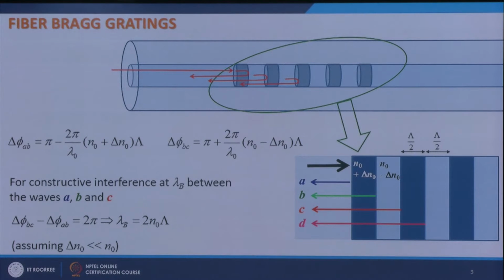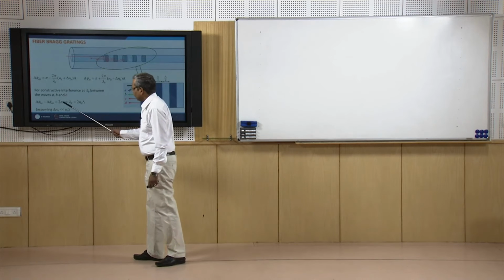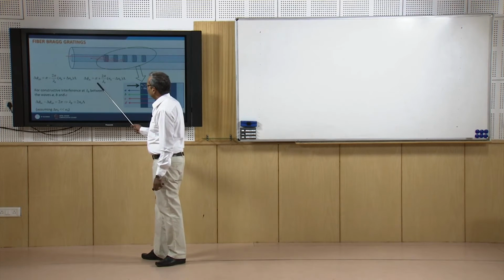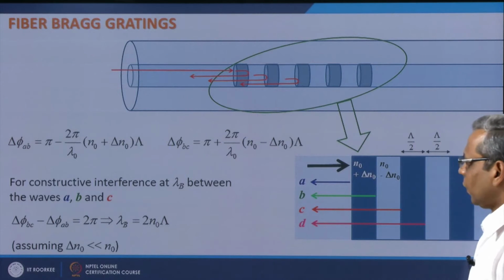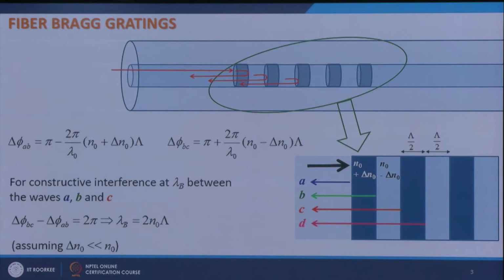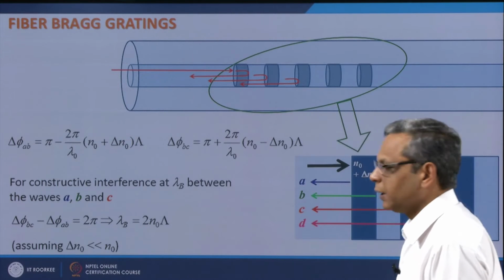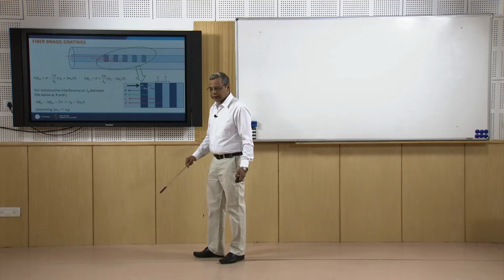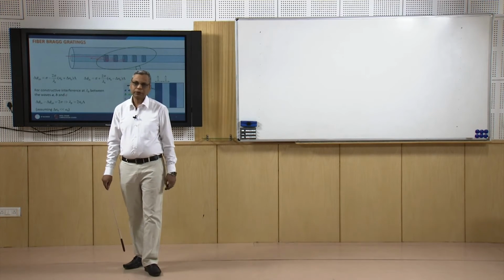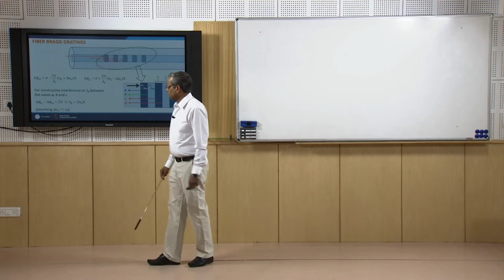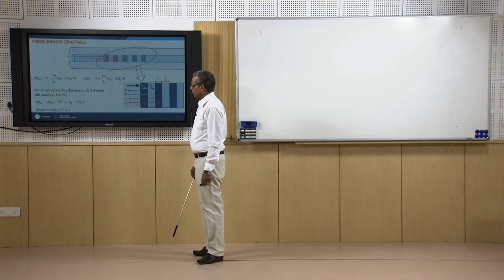For m equal to 1, it should be equal to 2π, and if I put in the expressions from here, the value of λB will come out to be 2 n0 Λ, where I have assumed that Δn0 is much smaller than n0, which is the case because n0 is typically 1.5 and Δn0 is about 2 x 10^-4. So, I can neglect Δn0 with respect to n0.